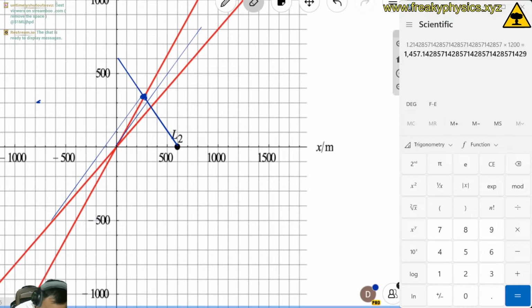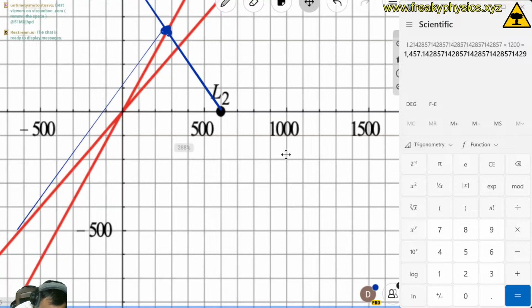So in this case, let's remove that line for now. Let's make this other line a bit heavier. How do you make it heavier? There.